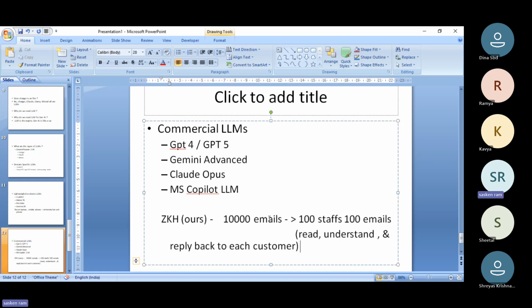So even if I put 100 staff, do you think each staff can read 100 emails per day? Is it possible? Even if they read 100 emails, there could be chances, right? They may read only 50 emails. They'll become fatigued, right? They'll be tired.